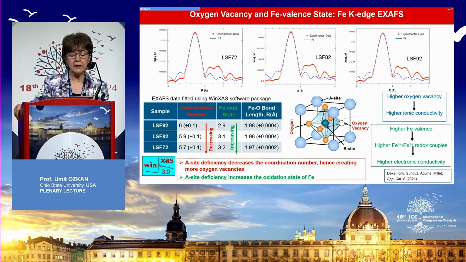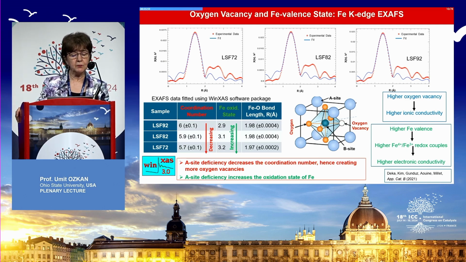Now, if we look at how the A-site stoichiometry is impacting, we're looking at the iron K-edge using the EXAFS technique. And what we see here is as the A-site stoichiometry is decreasing, as we go from excess to deficient samples, the coordination number is decreasing.